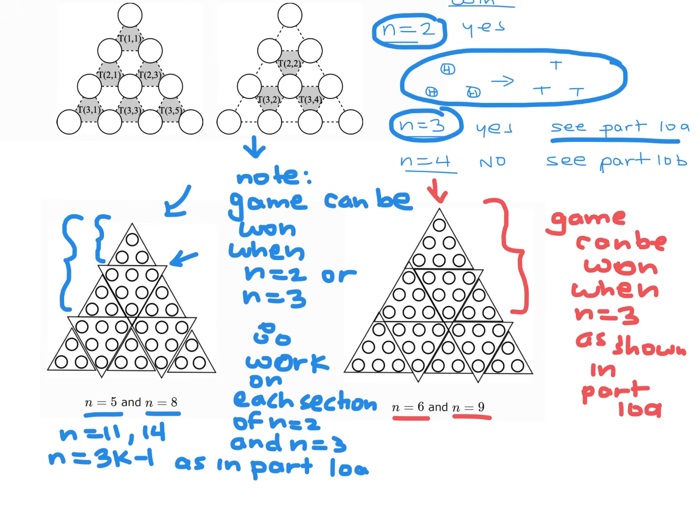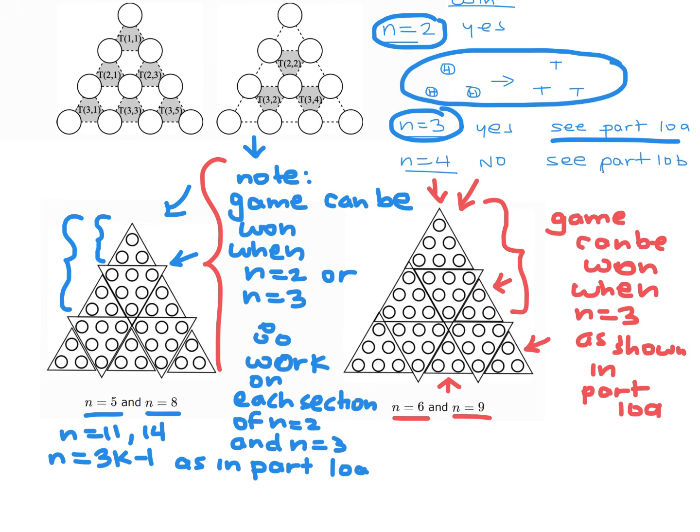And if you look at this guy, it's just a bunch of n equals 3s if you subdivide it. And actually, no, there's a couple of n equals 2. I actually forgot that. Yeah, see, those are n equals 2. So very similar to what I wrote here. Those n equals 2 can be just flipped once to go from all heads to all tails. So a very similar explanation.